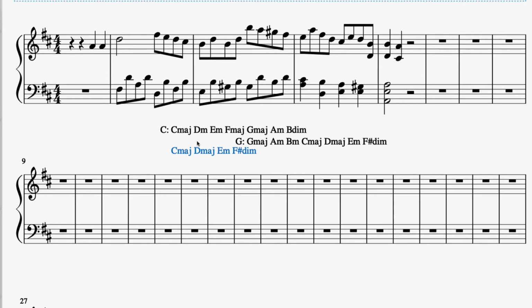D is not a common chord because in C it's minor and in G it's major. Okay, so D doesn't work. E minor works because it is a common chord in both. F is not a common chord because it's F major in one and F sharp diminished in the other. So F is definitely not.